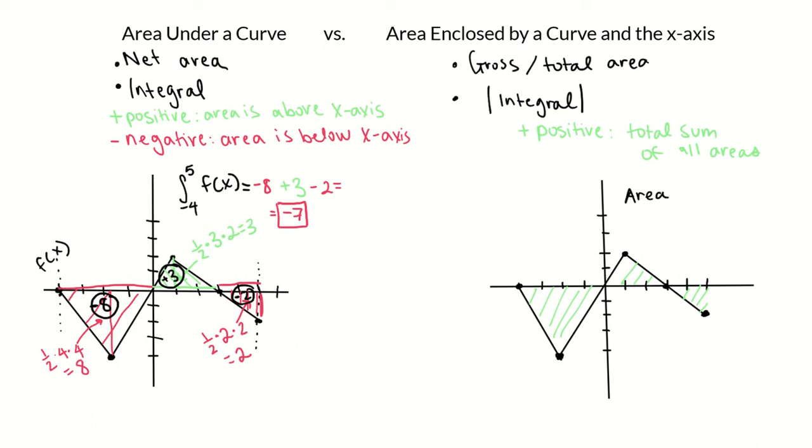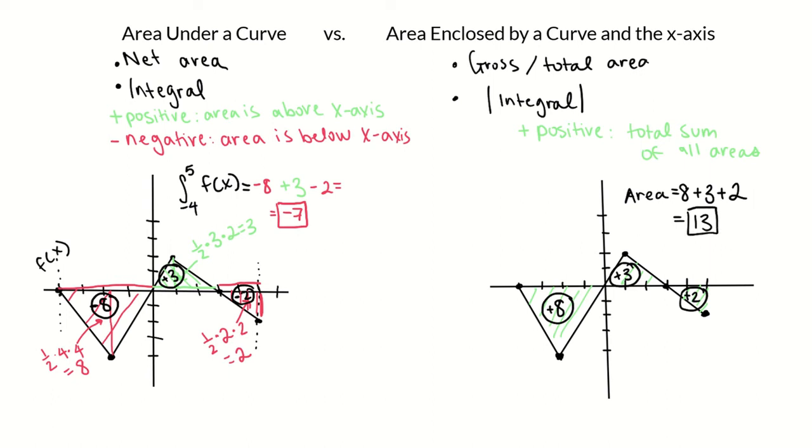We've already found that the area of this triangle is 8. Now it's +8 because we're just thinking about the total area enclosed by the curve in the x-axis. This area here is +3, and this area is +2. So the total area is going to be 8 plus 3 plus 2, so 13.